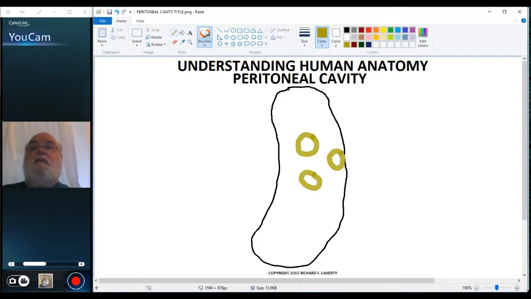And then I'll draw in the liver, like so. We'll color it in.